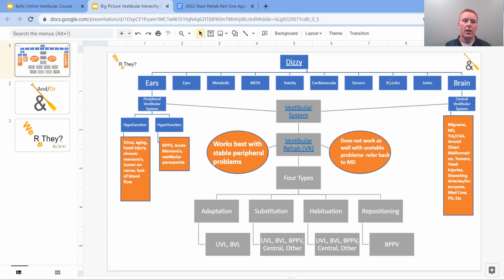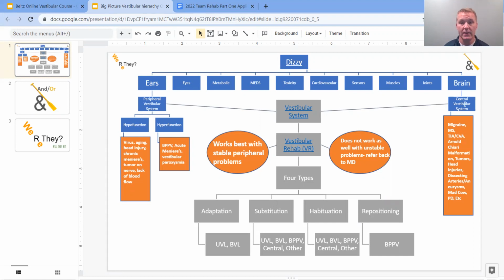Now, when we talk about the inner ears and the brain, that makes up the peripheral and the central vestibular system. On your slide, you'll see that the vestibular system is made up of the central and the peripheral vestibular systems. The official word for the inner ear is the peripheral vestibular system, and the official word for the brain part is the central vestibular system.